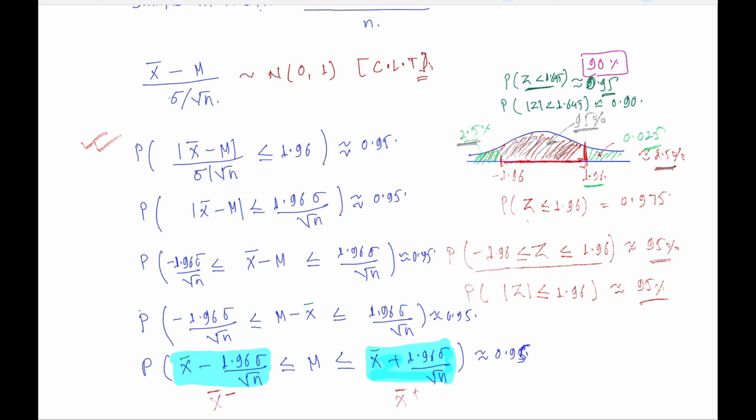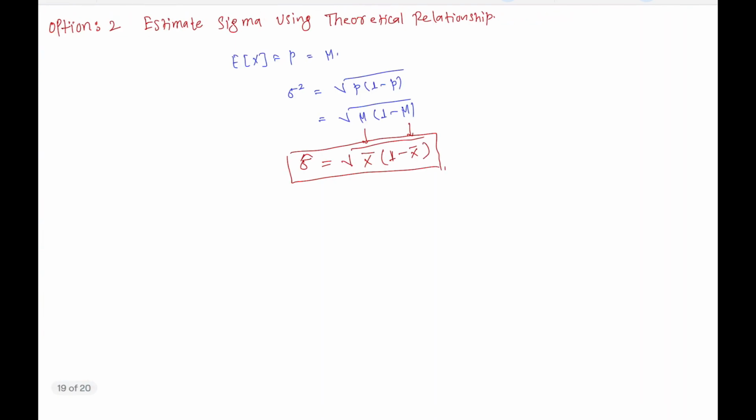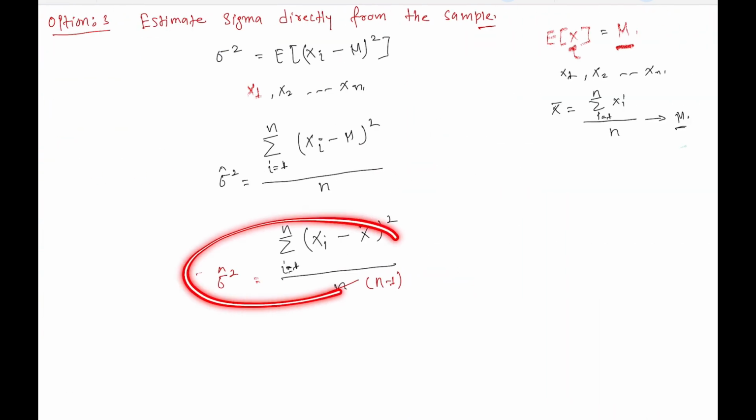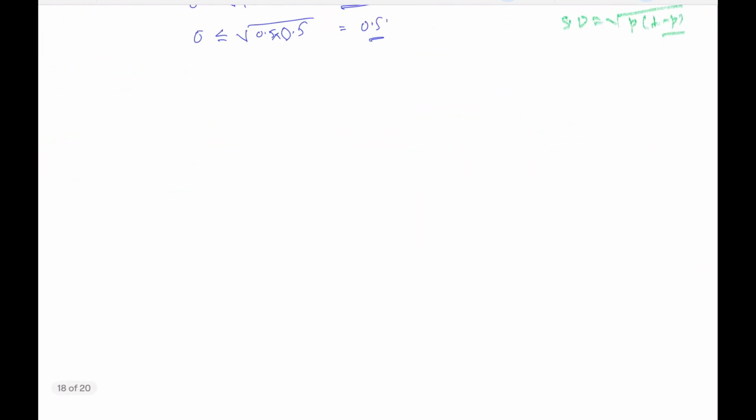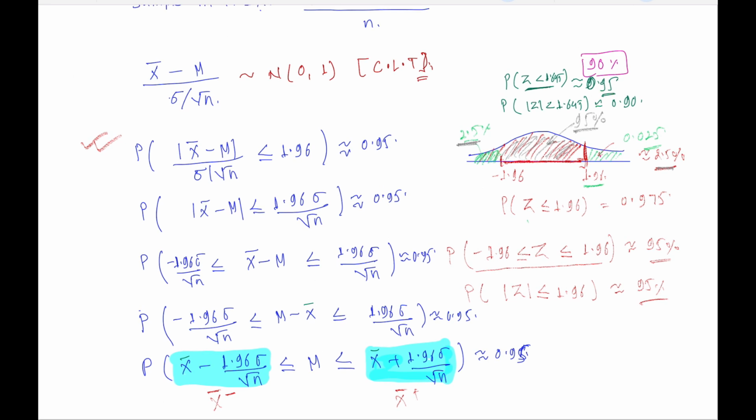And how do we account for that? When we estimate sigma from the data, we cannot use the standard normal distribution, right?